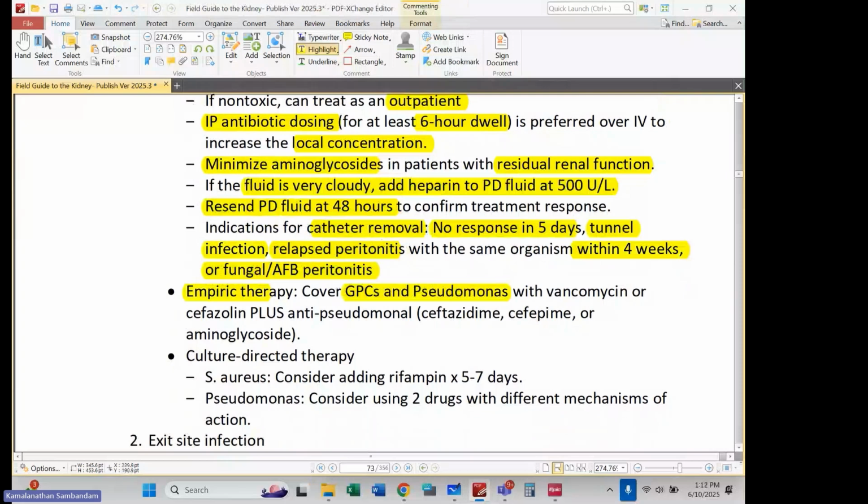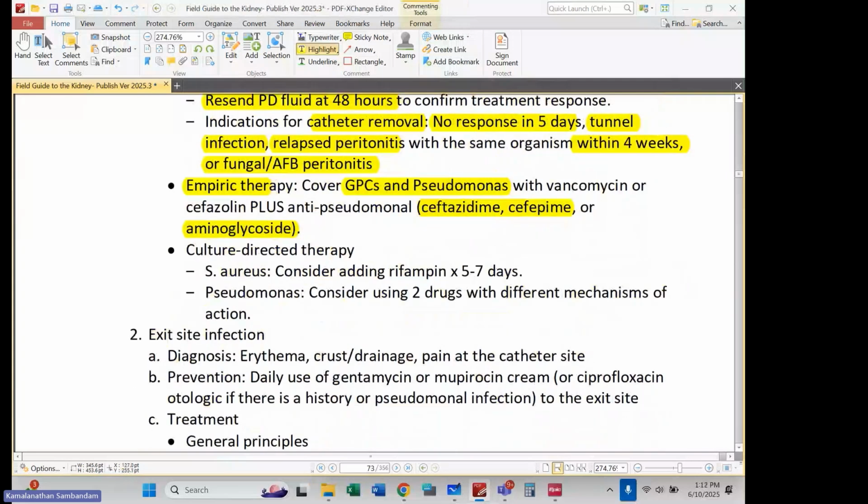Ceftazidime and cefepime would be typical anti-pseudomonals, or aminoglycosides if you don't have residual kidney function. If you don't have MRSA at high levels in that center, you can use cefazolin and cefepime or ceftazidime, or cefazolin and another anti-pseudomonal.